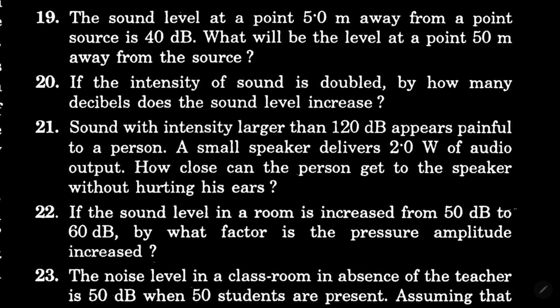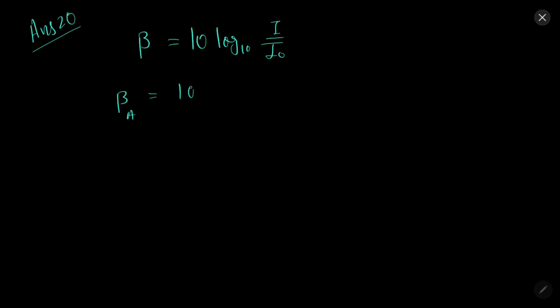In question 20, if the intensity of sound is doubled, by how many decibel does the sound level increase? Solution 20. Beta is this. So beta A will be 10 log 10 of I over I naught, and beta B will be 10 log 10 of 2I over I naught.